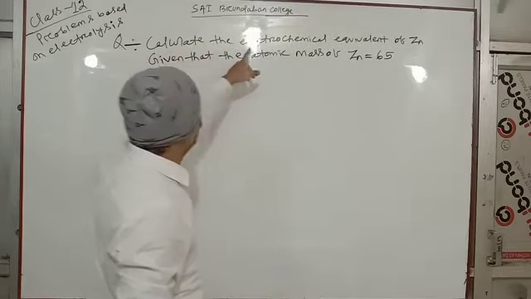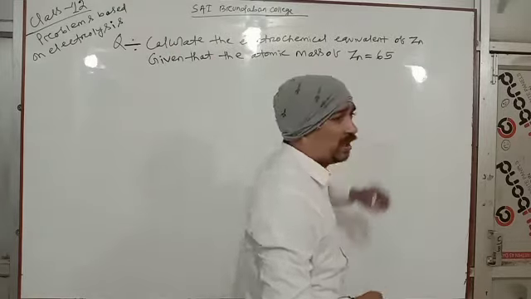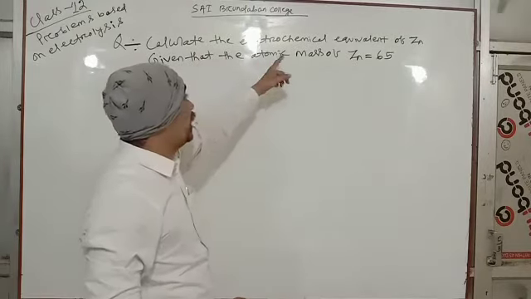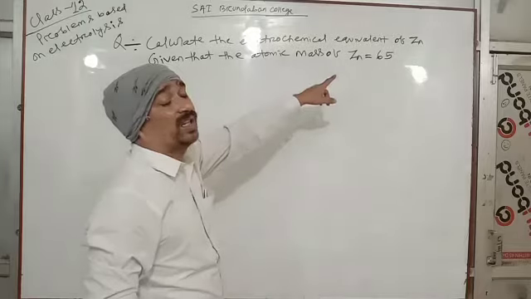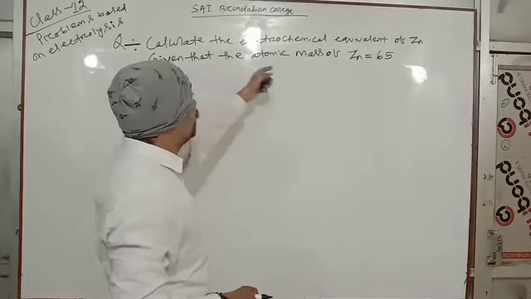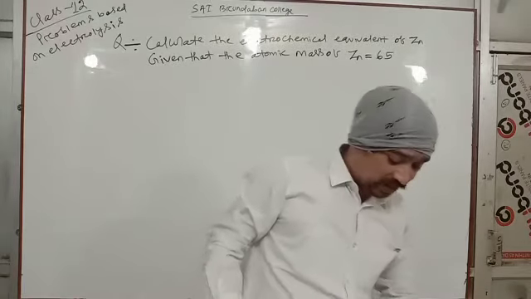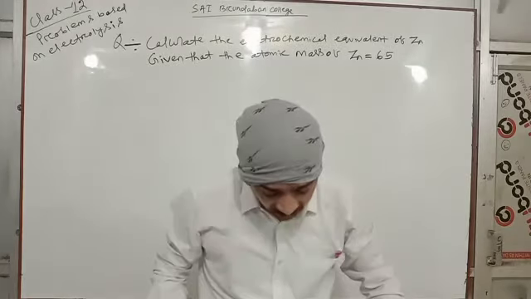Calculate the electrochemical equivalent of zinc. Given that the atomic mass of zinc is how much? 65. Clear? We have to solve this problem.